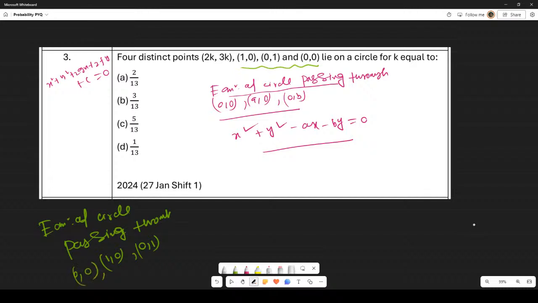What is the value of A over there? 1. B is also 1. It is x square plus y square minus x minus y equal to 0. Should agree.